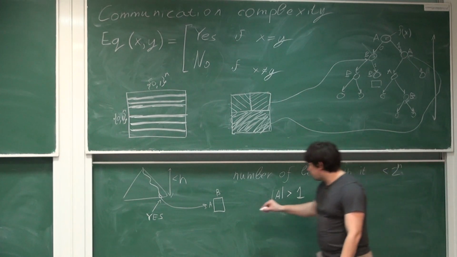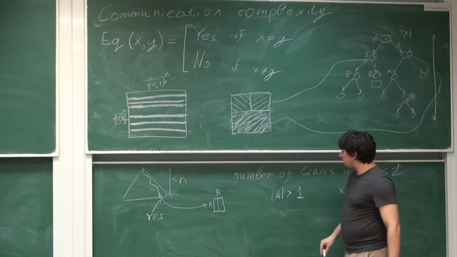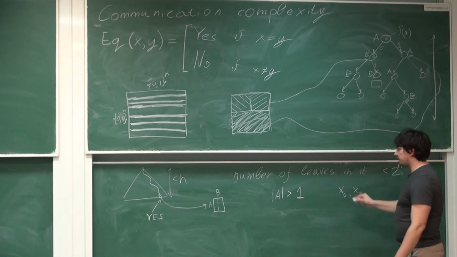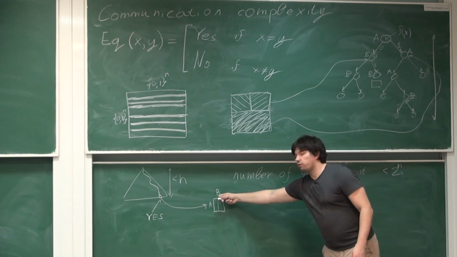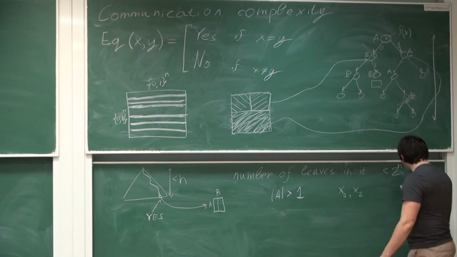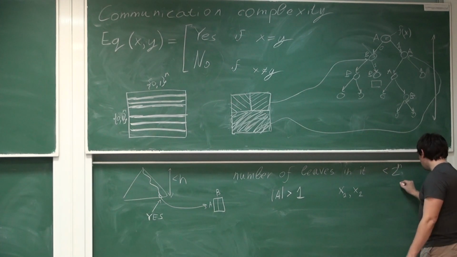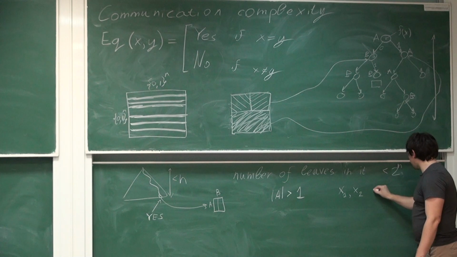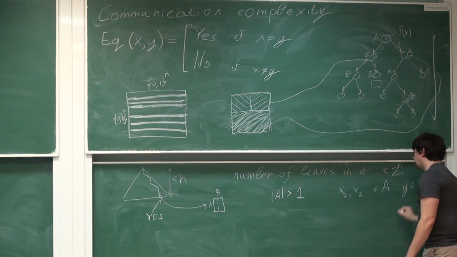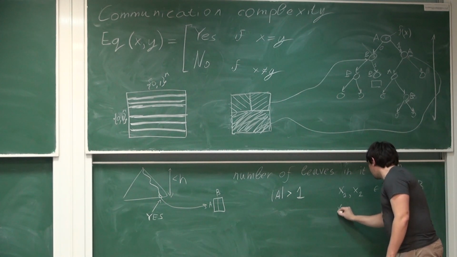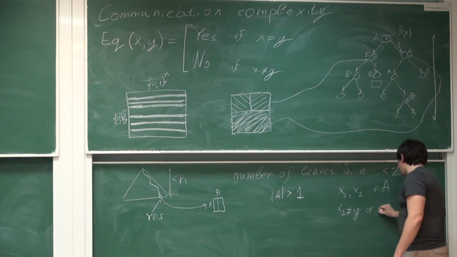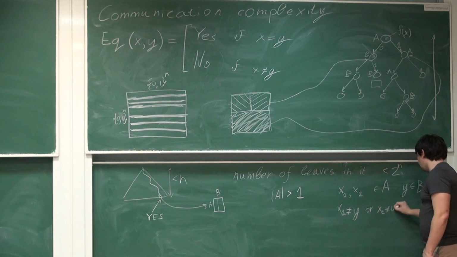But let us consider some input y in B. So we have x1, x2 in A, and some y in B. We know that x1 is not equal to y, or x2 is not equal to y.